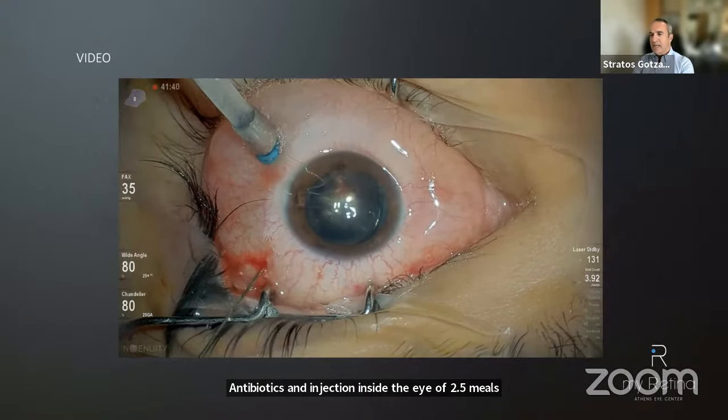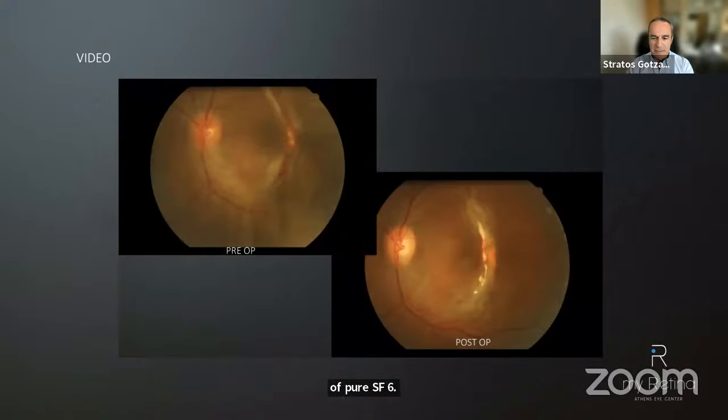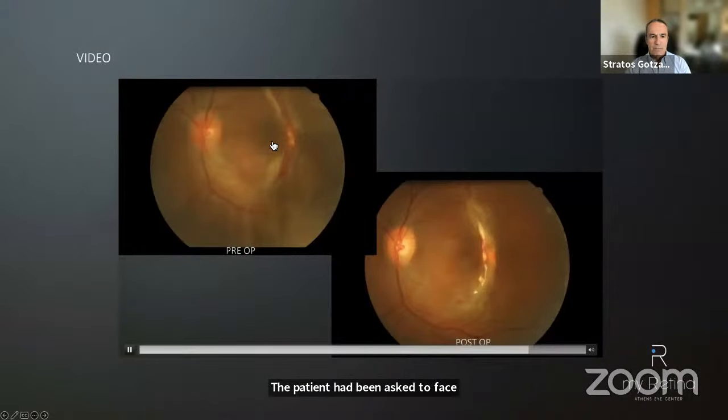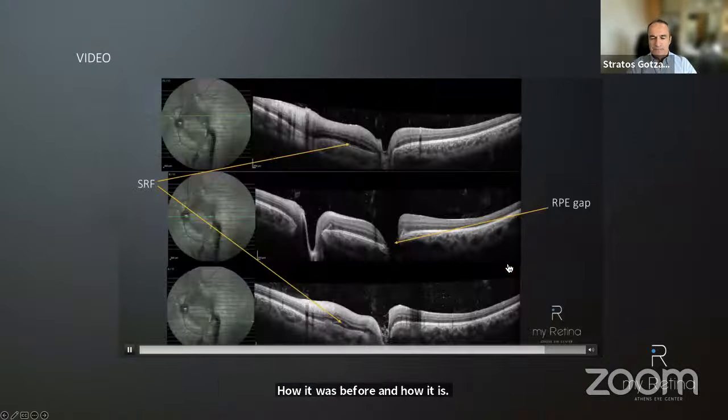The patient had been asked to face down for 10 days, and this is the appearance before and after the operation. You see the light laser on the top and on the bottom, how it was before and how it is after the operation.